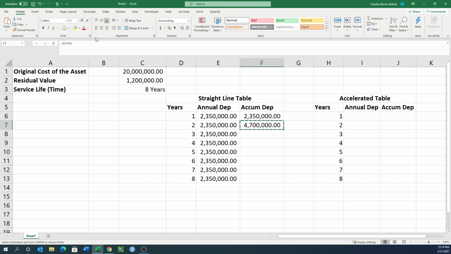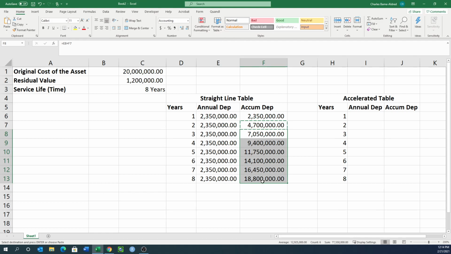So we're going to copy this and bring it down there. And you can see that I'm going to ultimately depreciate down to $18,800,000 total. So I'm keeping track of my book value of my asset.